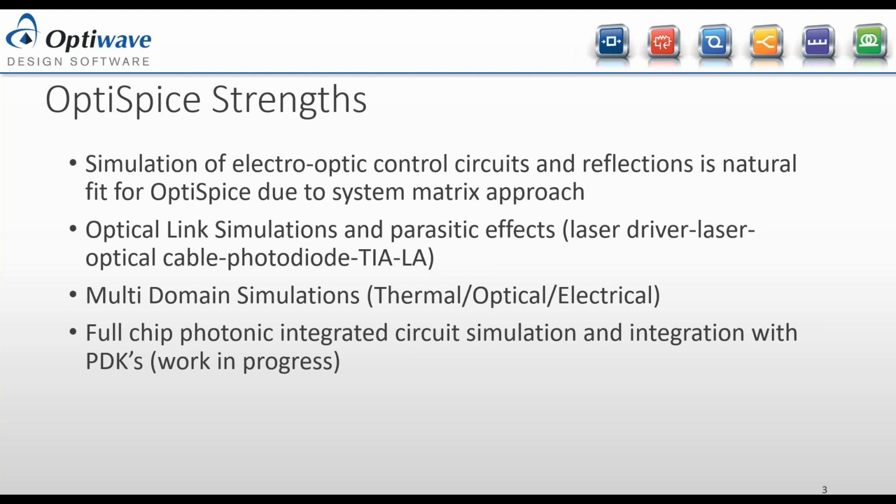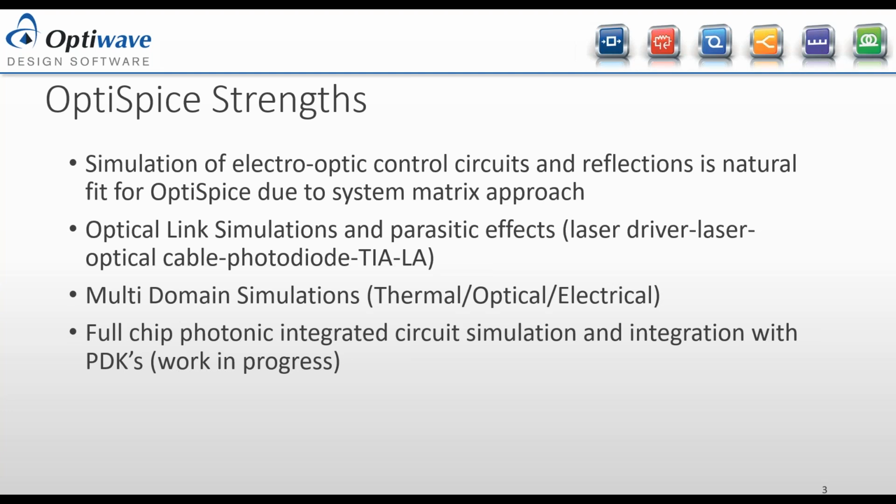Now we can have a third piece in this puzzle, which is the controller. The controller will control the resonant frequency of the ring resonator by heating or cooling it down. So as your laser heats up, it will affect your ring resonator, and then your controller will react. This kind of system you can easily simulate in OptiSPICE.